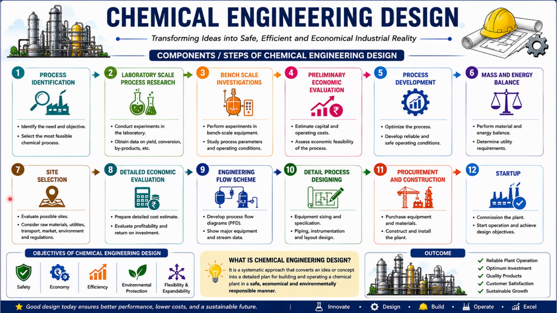Then you have to go for commercialization. So now you need a big place, so you go for site selection. Then you do a detailed economic evaluation. This includes fixed cost and capital cost of your plant establishment, as well as startup, along with other taxes and loans and everything. You do all those things in detail here.